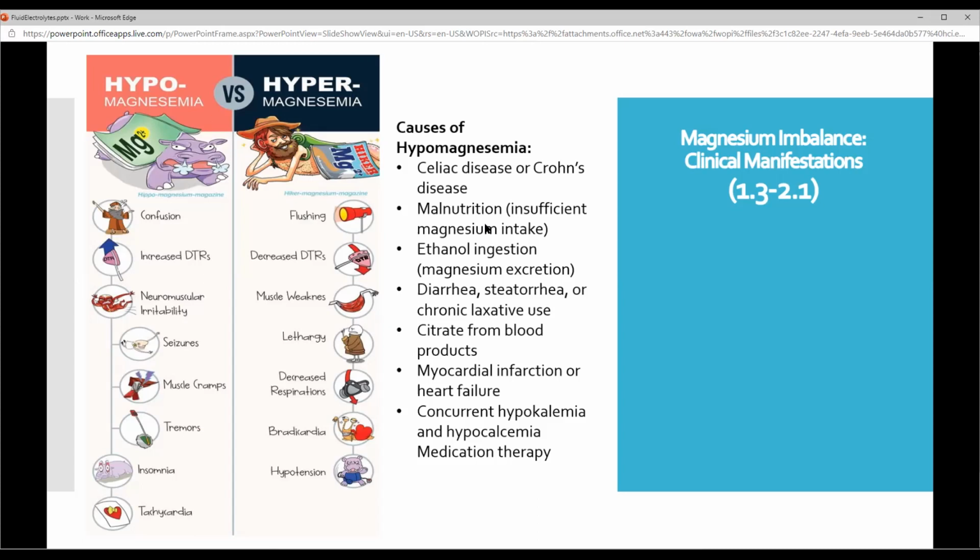So it sounds crazy, but low magnesium is gonna increase your DTR. DTR, deep tendon reflex. When you go to the doctor and they hit you in the knee with the hammer, right? Or the karate chop you, whatever they do. If you have a low magnesium, it's gonna be an exaggerated attack. You're gonna kick the doctor in the face, okay?